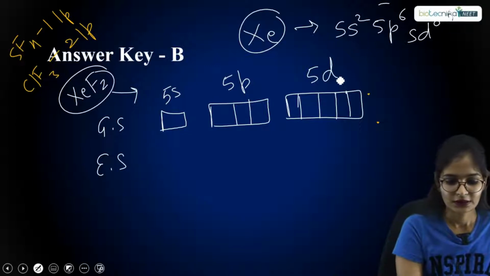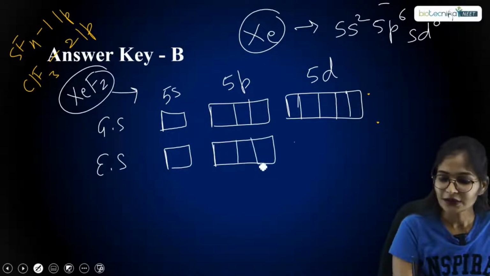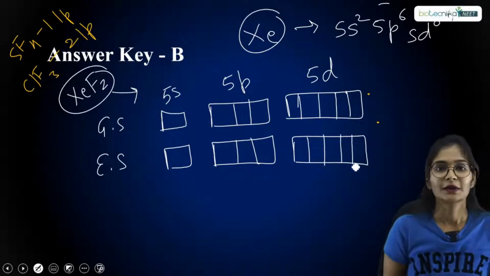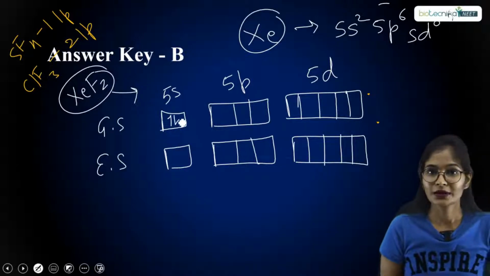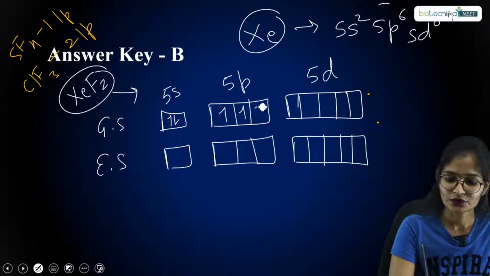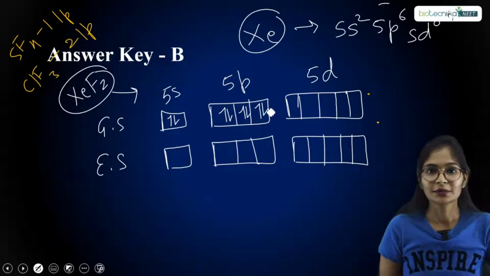Now under the excitation state, electrons will be excited to the d orbitals and you are going to get different hybridization. Let us consider its ground state, where you have 2 electrons in the s orbital, that is 5s. In 5p you have 6 electrons, so I am going to show 6 electrons here. 5d will be vacant.